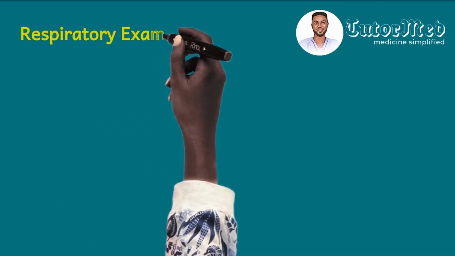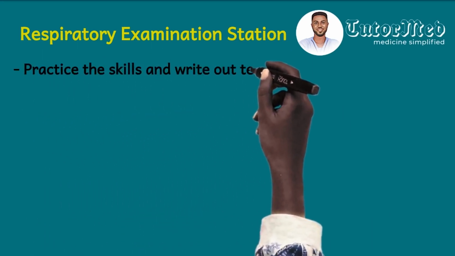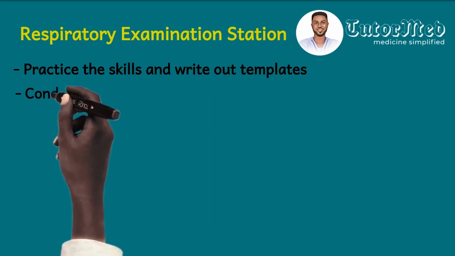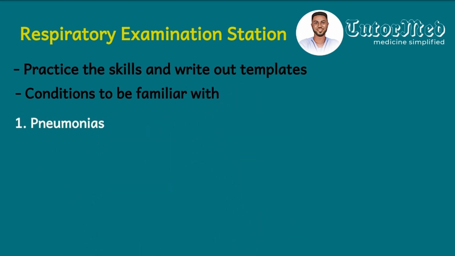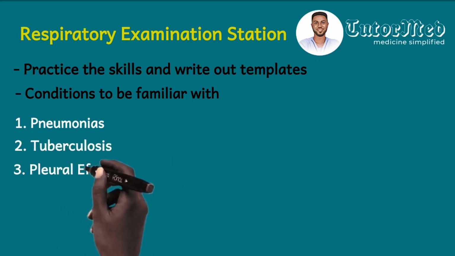Alright folks, and so we move to the respiratory examination station. The same strategy, I cannot overemphasize it. Practice the skills and then write out your templates, the lyrics of your song. Then here are the conditions to be familiar with. 1, the pneumonias. 2, pulmonary TB. 3, pleural effusion.